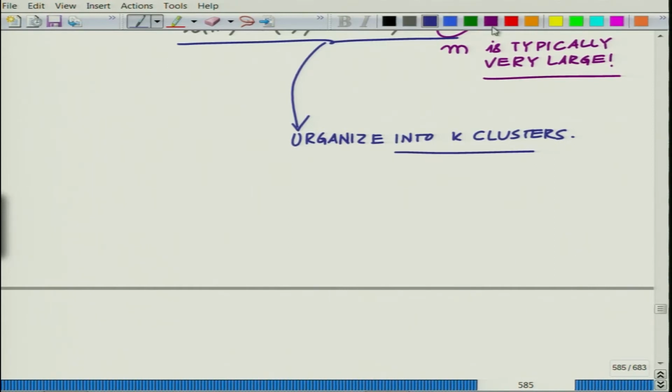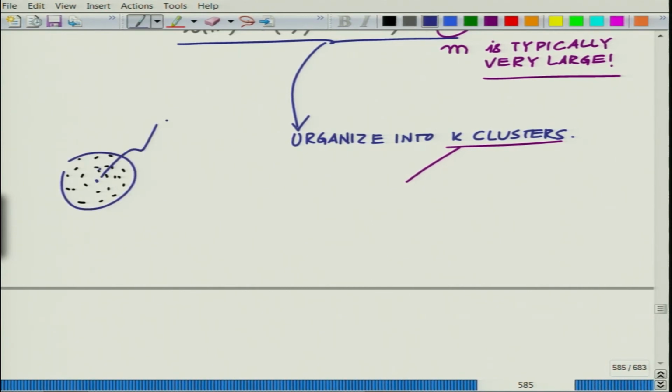Let us say we have these k clusters. Whenever we have a cluster, one way to characterize it is by what is known as a centroid, a central point that captures the location of each cluster in an n-dimensional space.